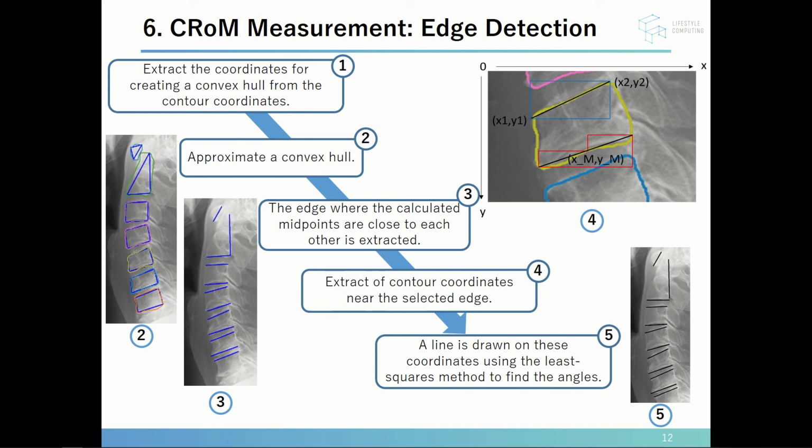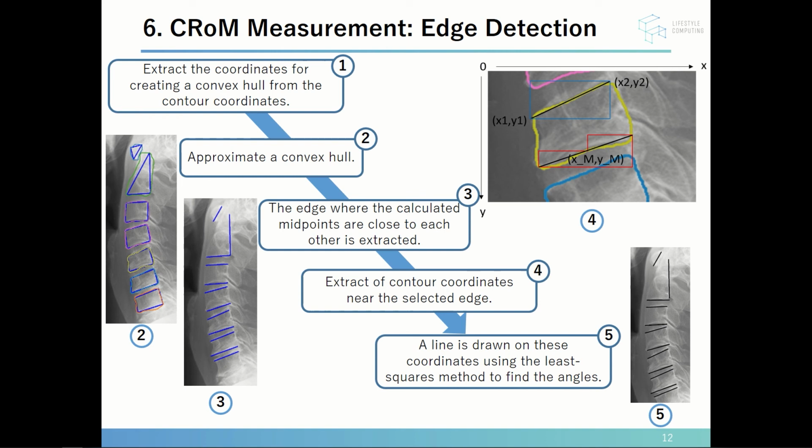Step 2. The coordinates of the convex hull are selected from the contour coordinates, and then the convex hull region is approximated as a polygon with 3 or 4 vertices.